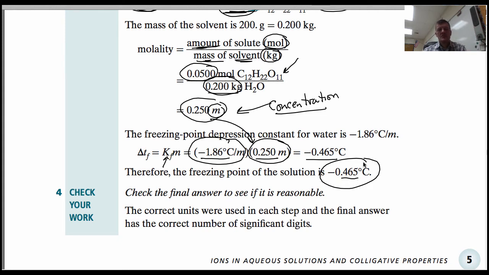So this answer right here is a result of 0 minus the 0.465. And of course, you're going to get negative 0.465. That is the new freezing point of water. But you had to take the original freezing point and add, or in this case subtract, the depression.